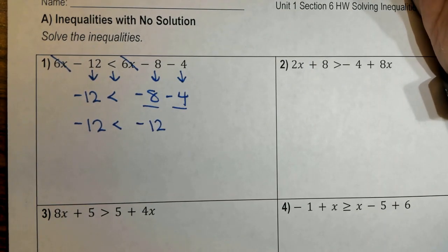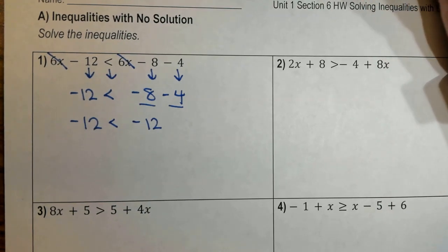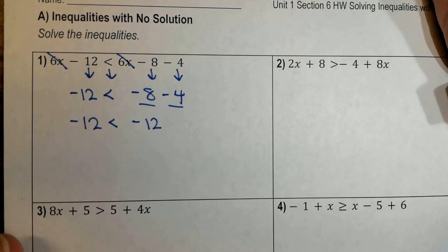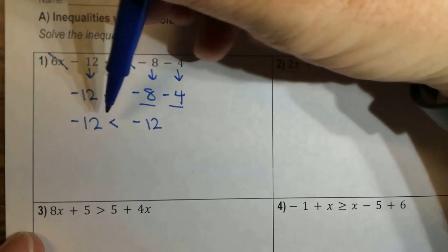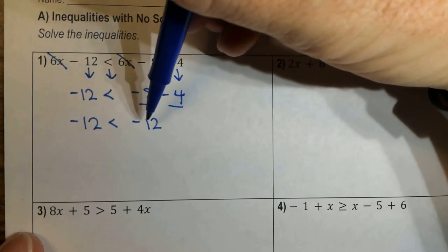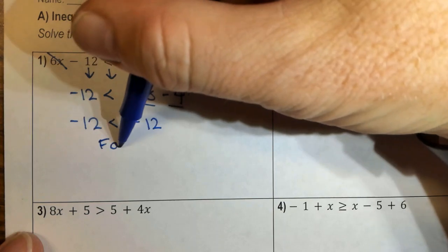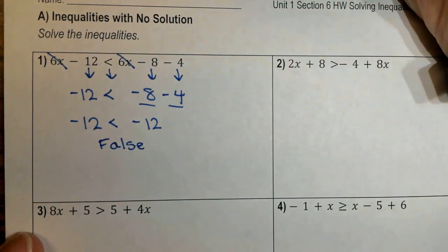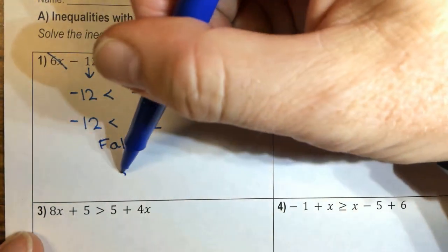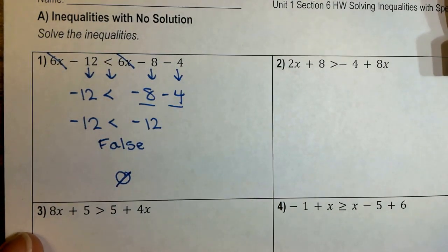Because I don't have any variables, my x is gone. I just have to see if this inequality is true or false. Negative 12 is less than negative 12. That is not true. They are equal, they're not less than each other. So because it's false, my answer is no solution.